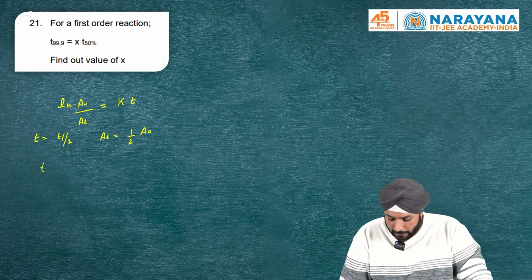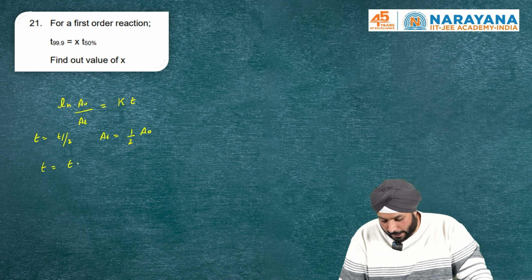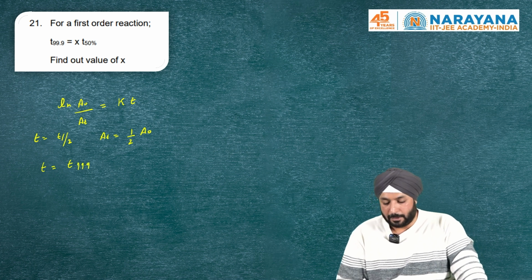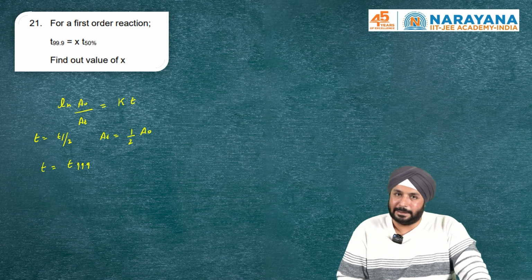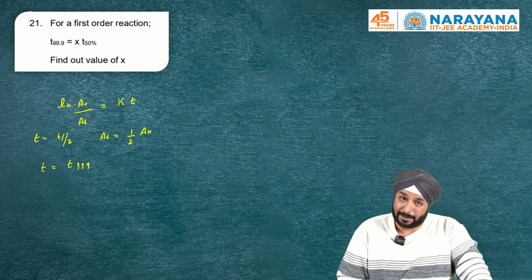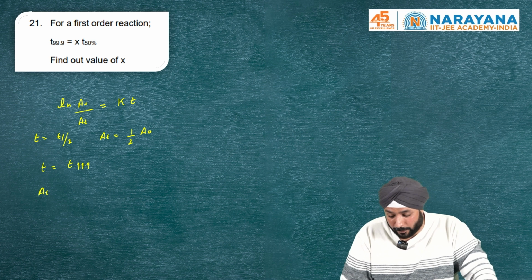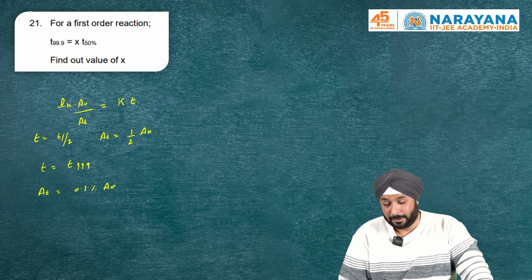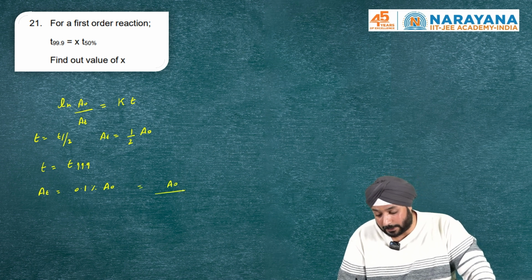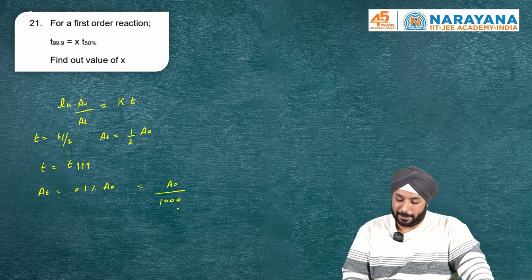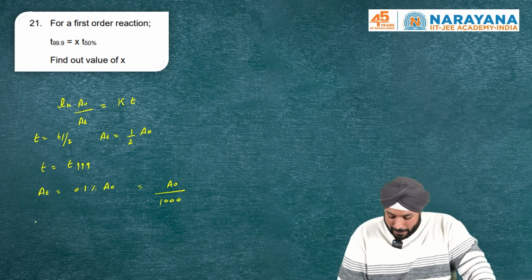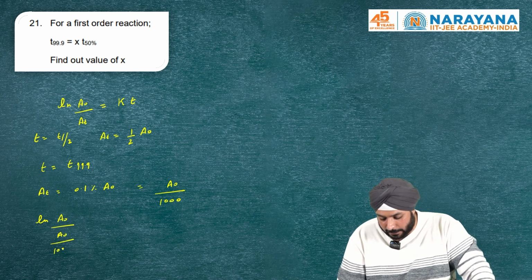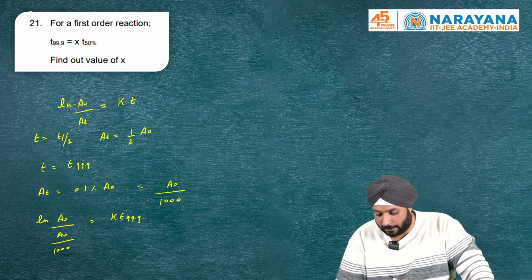And when T is equal to T 99.9, that means 99.9% of the reactant is reacted. That means the amount which is left over, AT, is equal to 0.1% of A naught. That comes out to be A naught by 1000. Getting it? So thereby ln A naught by A naught by 1000 should be equal to K into T 99.9.